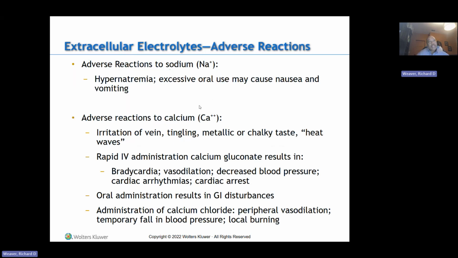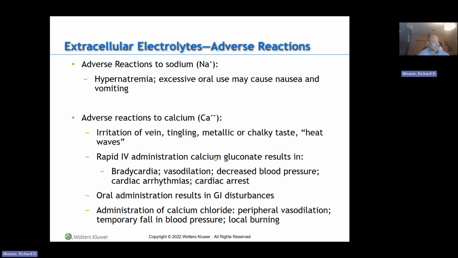If someone comes in with hyponatremia, we place these patients on a sodium drip. The sodium drip is like 3%. That's very concentrated. You have to really be careful with administration of these IV fluids because it can throw them onto the higher side. All right. Excessive oral use may cause nausea and vomiting as well.